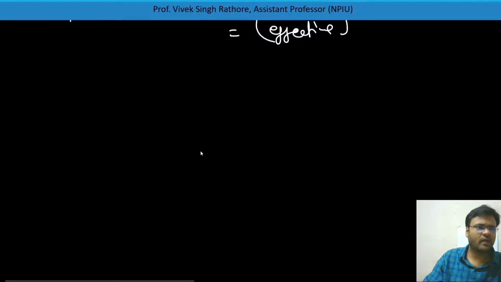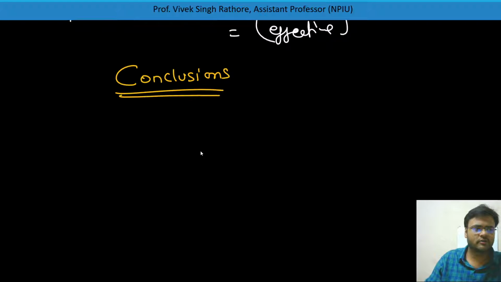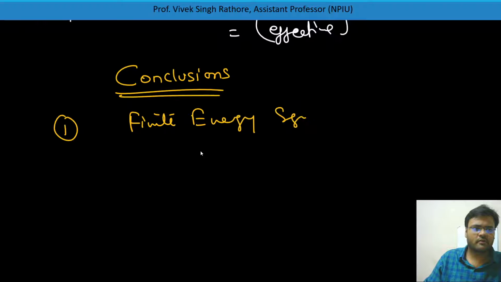So now we can draw some conclusions. The first conclusion is, for a finite energy signal, power will definitely be equal to 0.